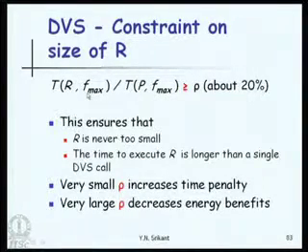The ratio T(R, F max) divided by T(P, F max) is required to be greater than or equal to rho, which is usually about 20%, 0.2.